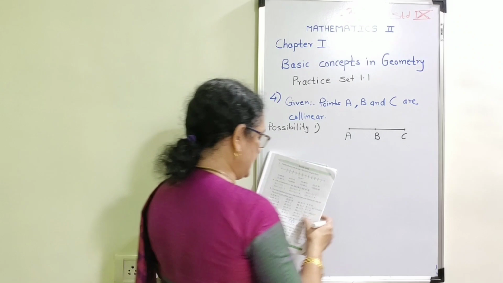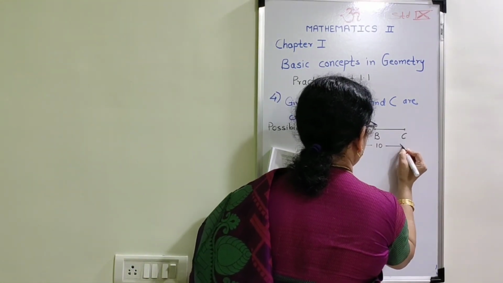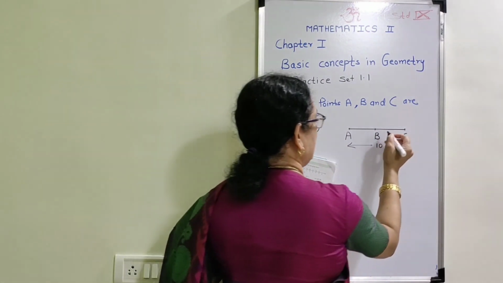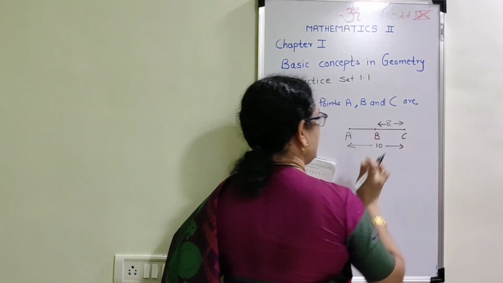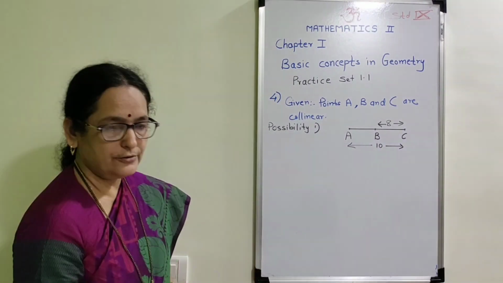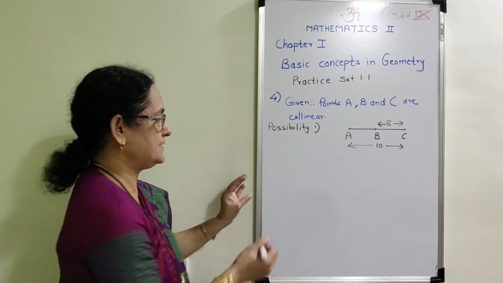Since I know that the entire distance AC is given as 10 and distance CB or BC is 8, it is very easy to find out distance AB using the definition of betweenness.